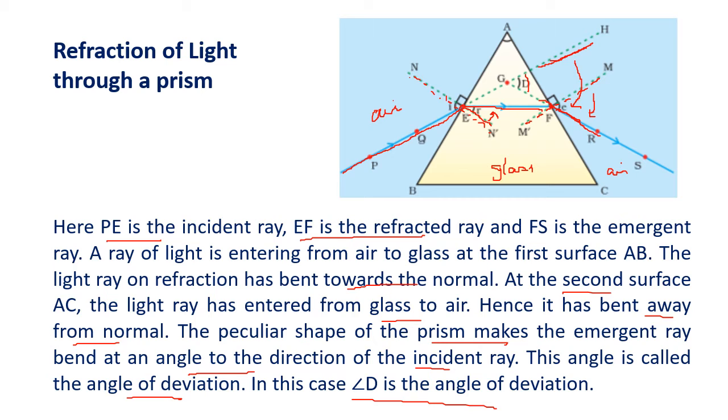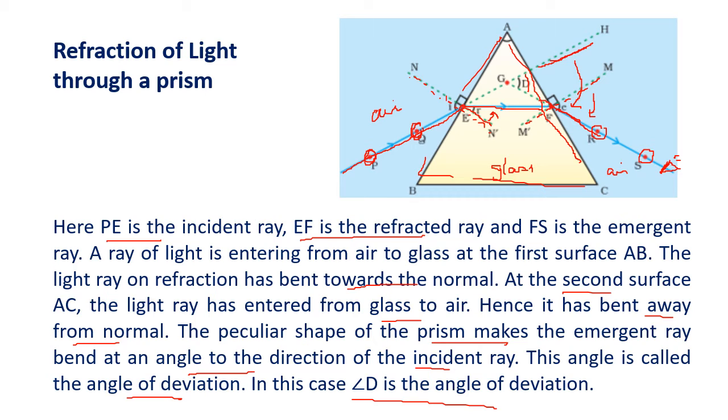What is this experiment actually? There are two pins P and Q. A white sheet is taken, the prism is placed on the white sheet and the outline of the prism is drawn. Then a ray is drawn and two pins are pushed in, P and Q. Then looking from the other side of the prism, two more pins R and S are put such that all four pins are in a straight line.